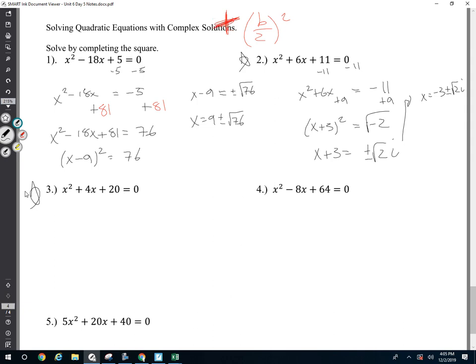Number 3, please subtract 20 from both sides. Mr. Sripata, what is the number that I add to both sides so that I complete the square on the left side?